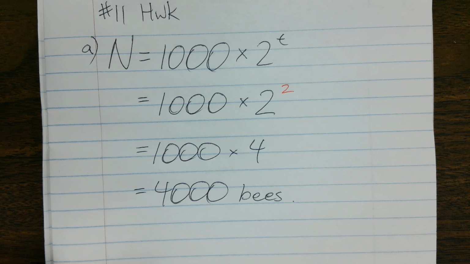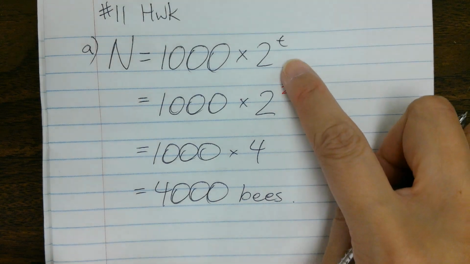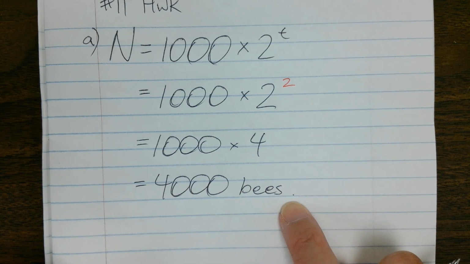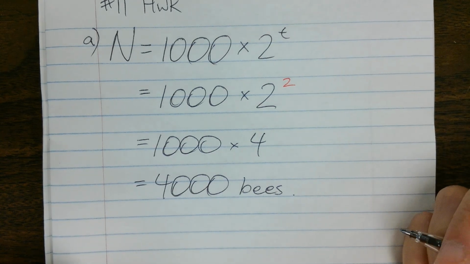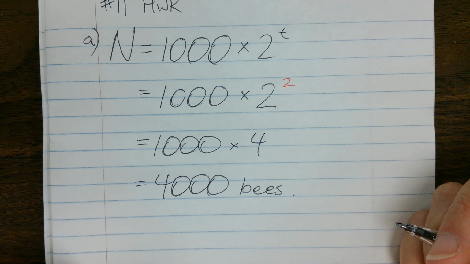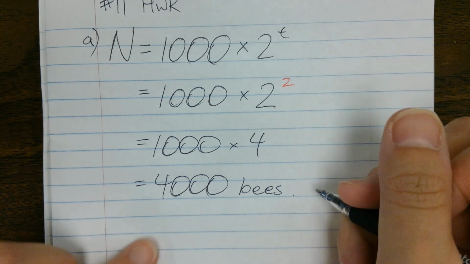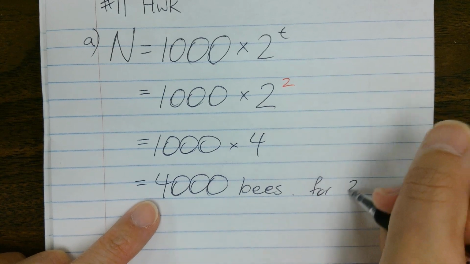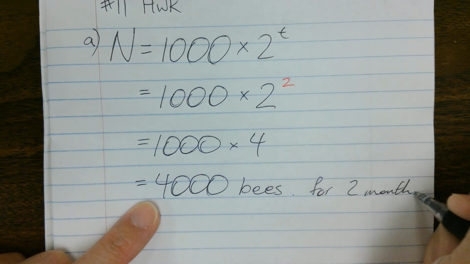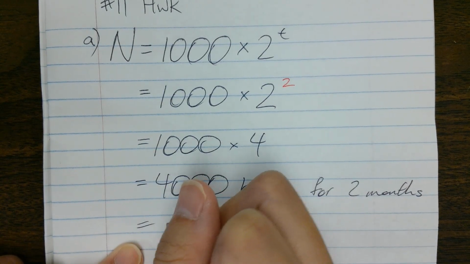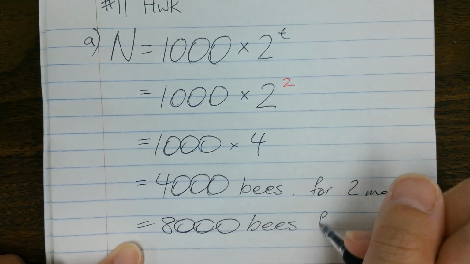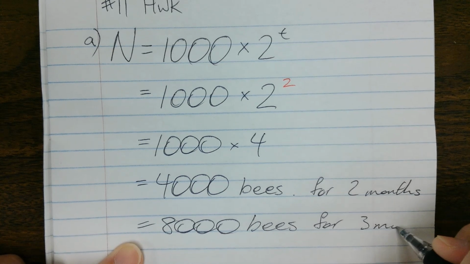Okay. So without having even to do this math, think logically. What do you think the number of bees is after 3 months? 8,000, because it's doubling every time. So this is for after 2 months, and then it's doubling. So then after 3 months, it's 8,000.